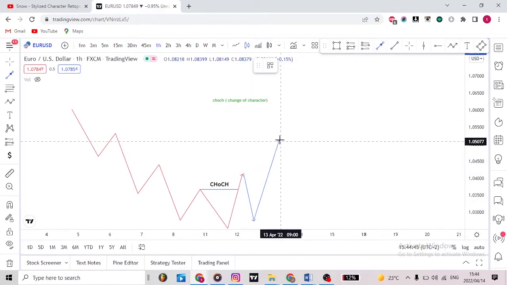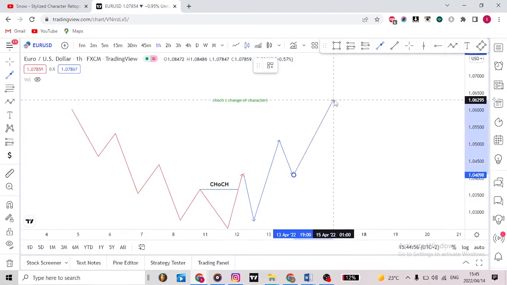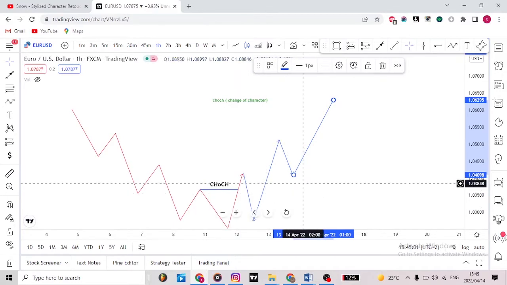So the market should continue breaking structure and then continue to the upside. So this would be a change of character to the upside. Now we are in a bullish trend.